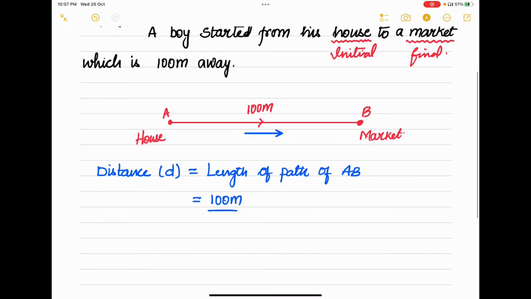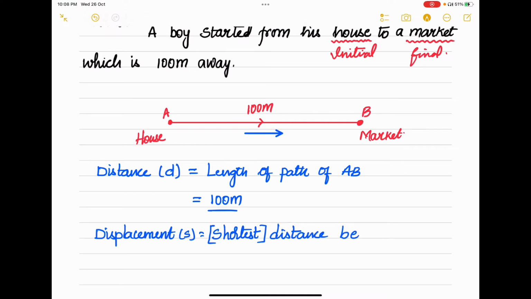Done. Now the next one is displacement. Displacement S is equal to the shortest distance between initial and final point, in a specified direction, a given direction, or a particular direction.